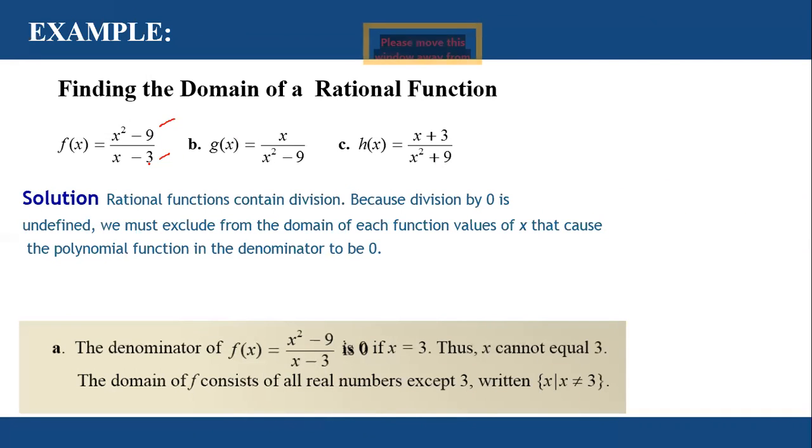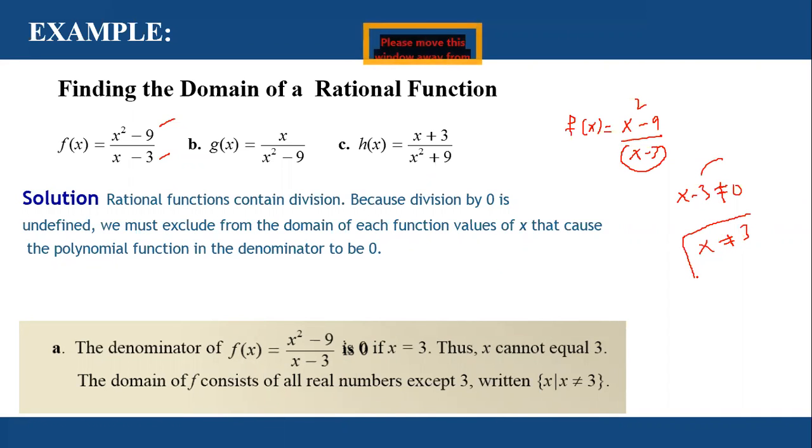If not, then put the denominator not equal to 0. That gives the domain. In the first one, f of x equals x square minus 9 divided by x minus 3. Let's suppose we don't have a common factor. Just put the denominator x minus 3 not equal to 0, because the denominator cannot equal 0. If you transfer, x is not equal to plus 3. So all real values are possible except plus 3.